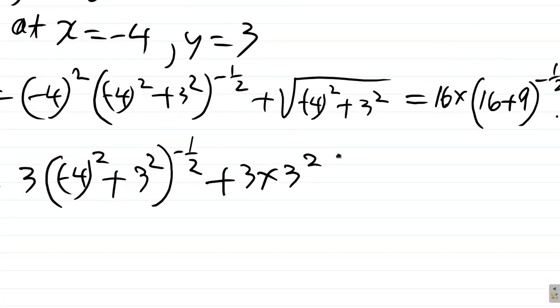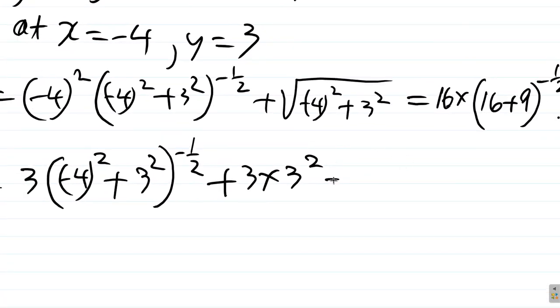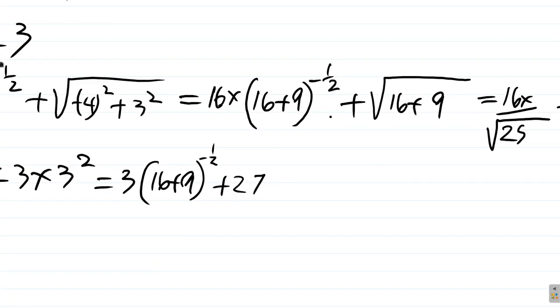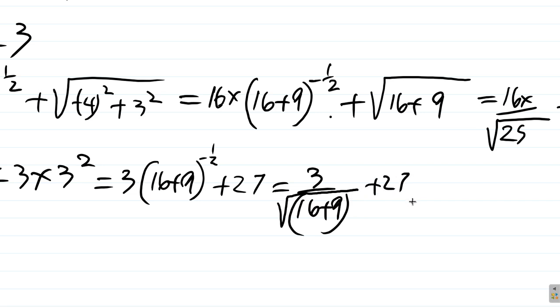Now let's work out this part. What is it? It's 3 times 4 times 4, 16 plus 9 to the negative half, plus 3 times 3 is 9, 9 times 3 is 27. So this is equal to 3 over 16 plus 9 to the half, which is the same as the square root of, right? Plus 27.